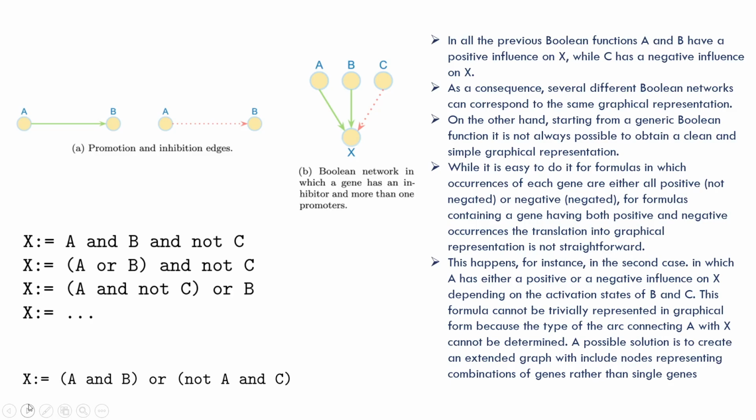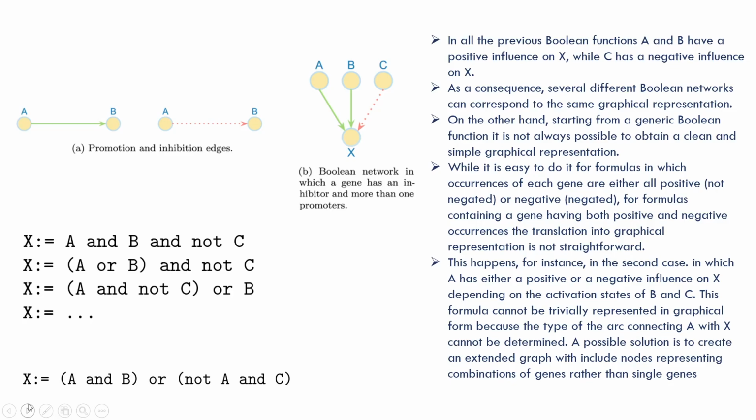One node, generally, we use to represent one gene. In these kinds of cases, what they do is extend the graph and include nodes which are not a single gene but a combination of genes. That can be a pathway module, or any kind of genes that you want.